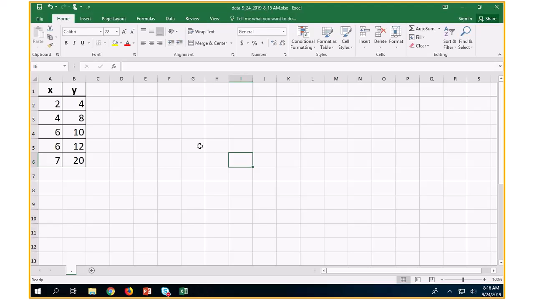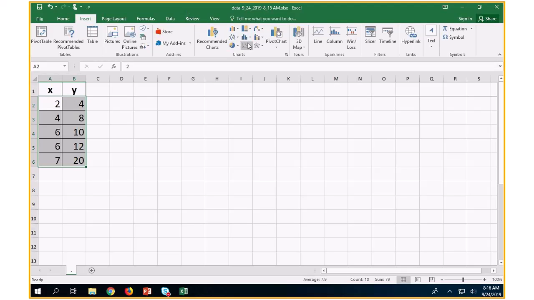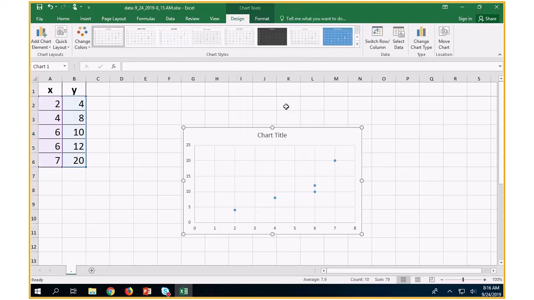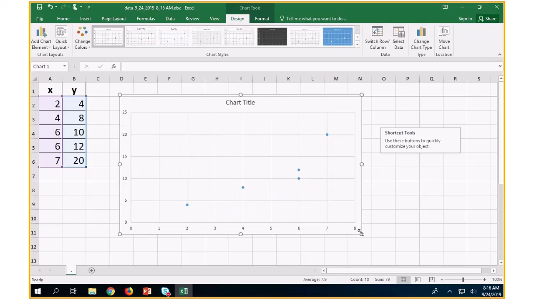So take a minute, and I'm going to go ahead and plot it so we can see what it looks like. Okay, that's what it looks like. I'm going to make it bigger so y'all can see it.